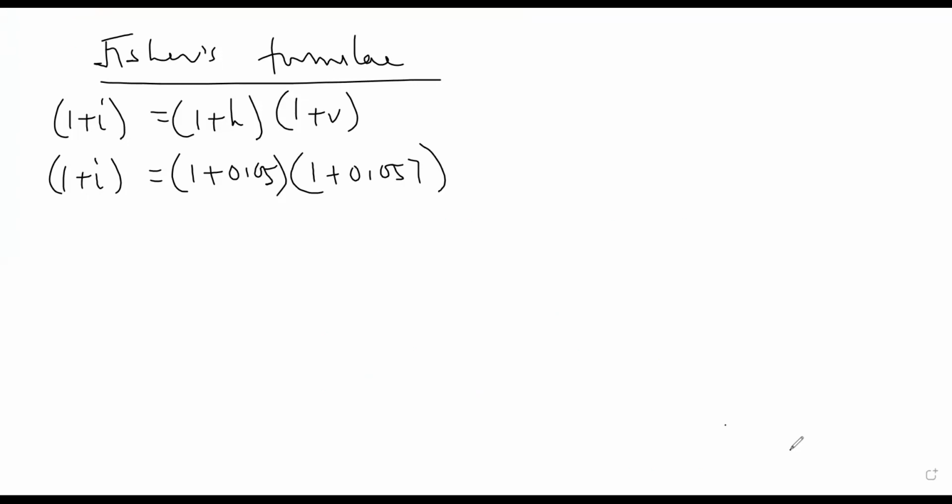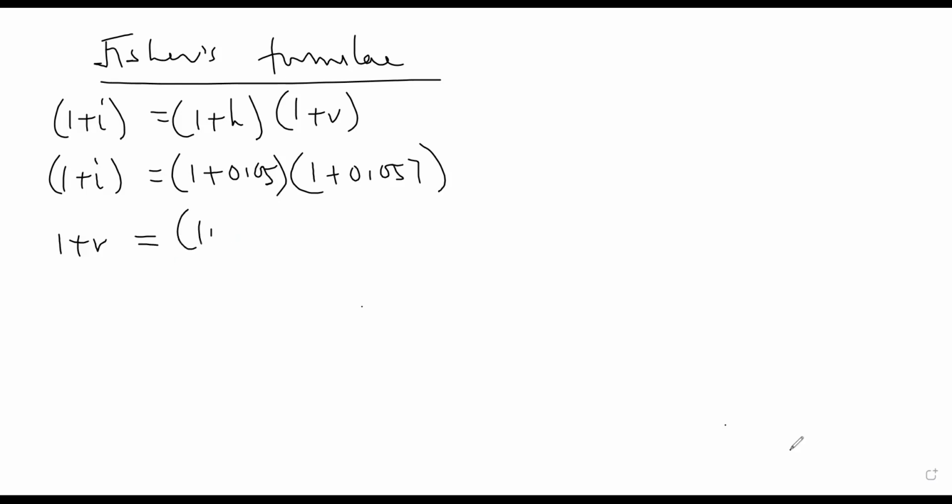Okay, so what do we do? We do multiplication. So we are going to have 1 plus R is equal to, then this will be like a normal binomial expansion. So we have 1 multiplied by 1 plus. Let me just put them together.